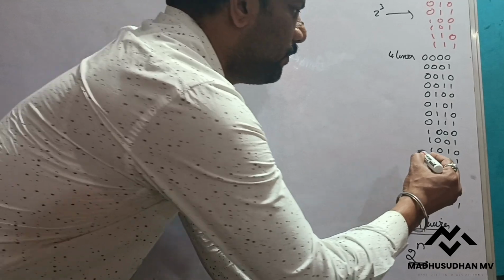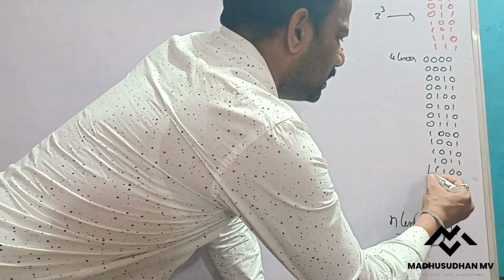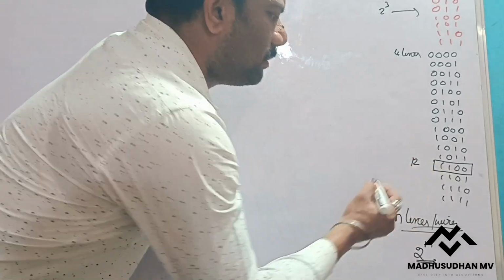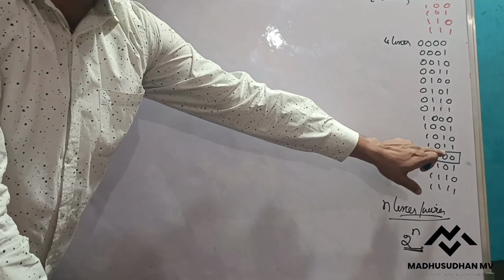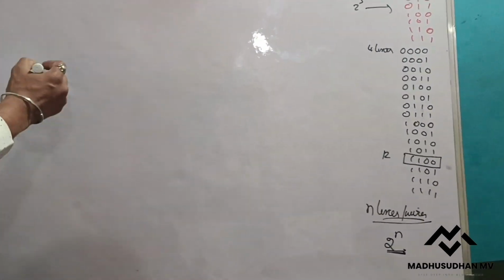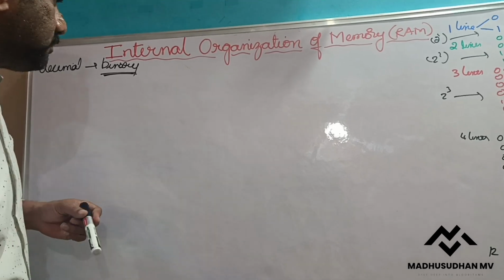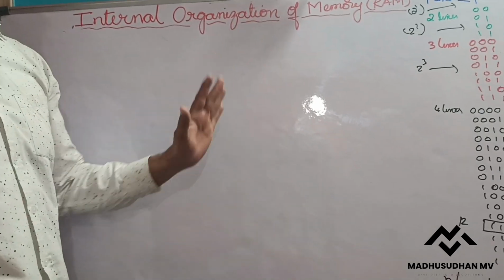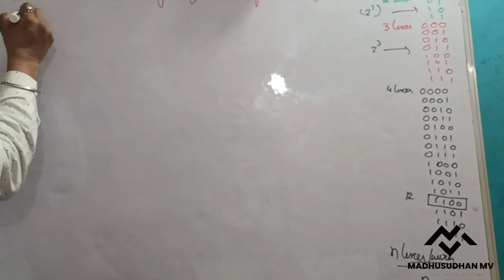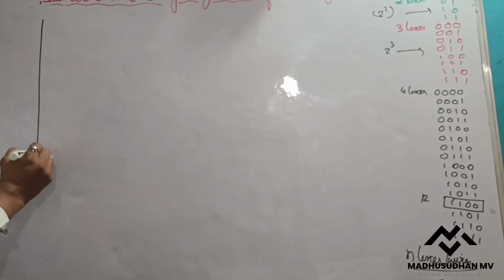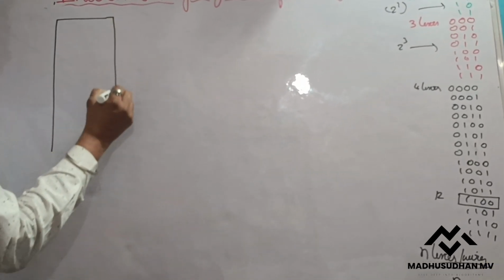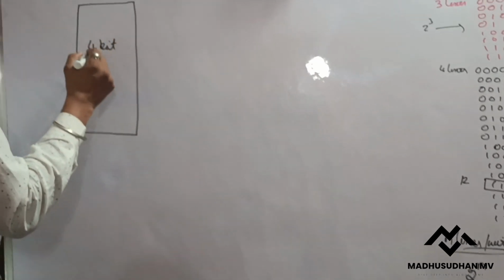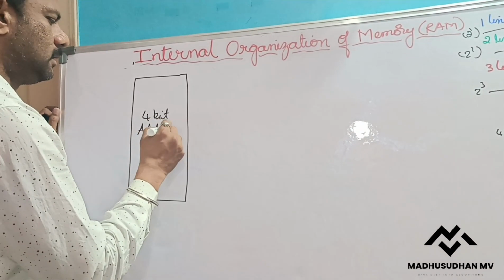Suppose this is 12. This is the coded format for this decimal number 12. Now I will use such a 4-bit address. For that, I am going to use a circuit with a 4-bit address.